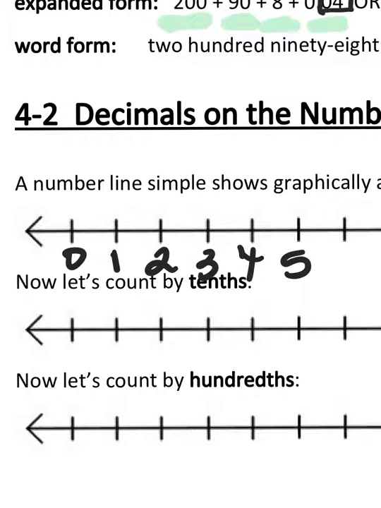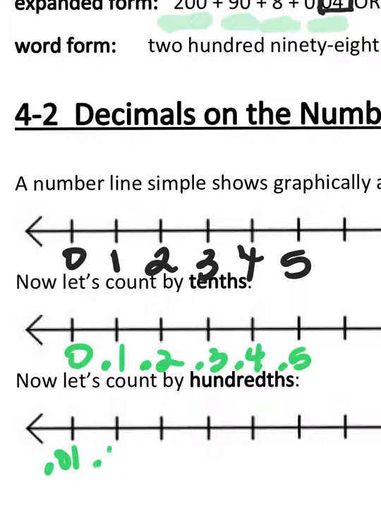The next one is going to be 0 again, but 0.1, 0.2, 0.3, 0.4, 0.5. And then by hundredths, it would be one step even smaller. So 0.01, 0.02, 0.03, 0.04, okay?